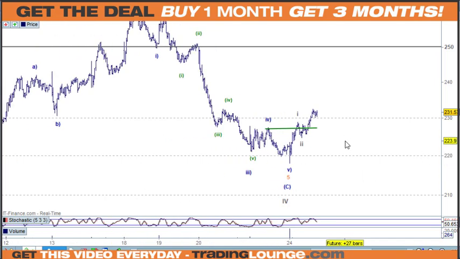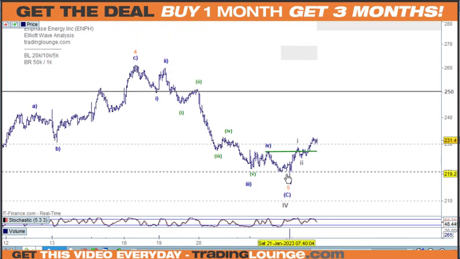I mean, it's not over until the big lady sings, but that means we've got 1 here and 2 here. What we'll be looking for next is, because we could just get an A and a B and a C here and go down at that point, but what we want to try to get is 5 waves up here, because if we get 5 waves up here, then we'll have a correction, and we know that we'll get another 5, and that way we know we're ready to go.